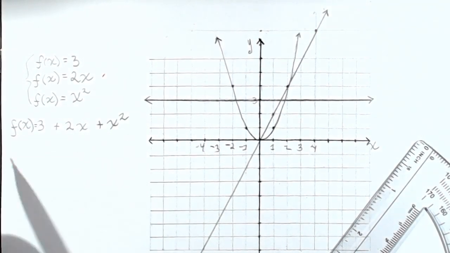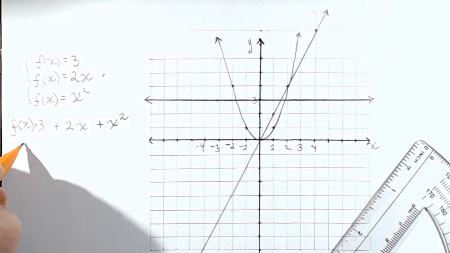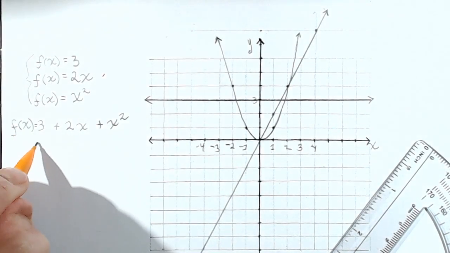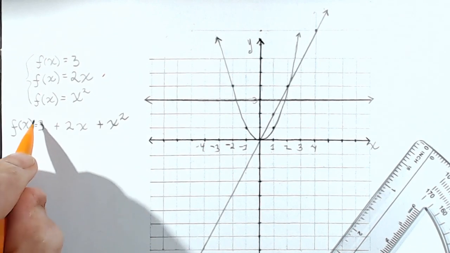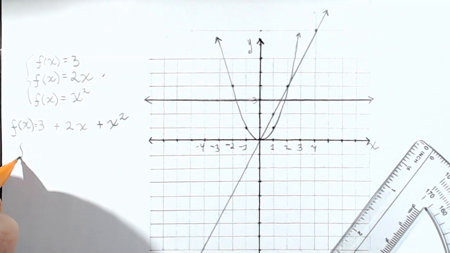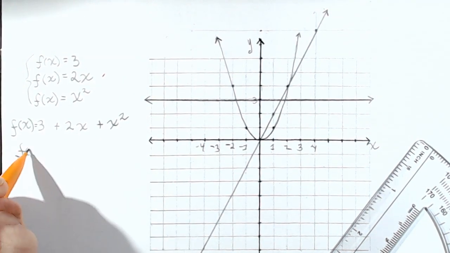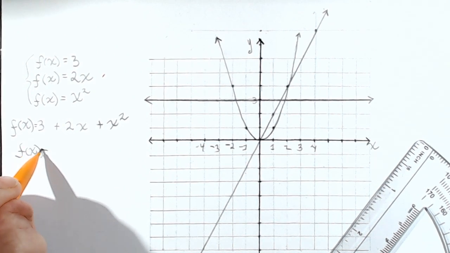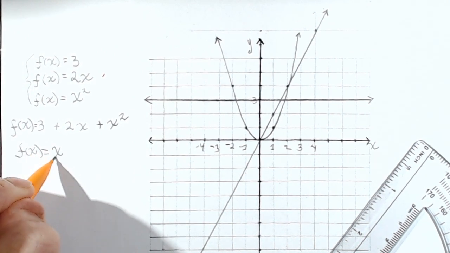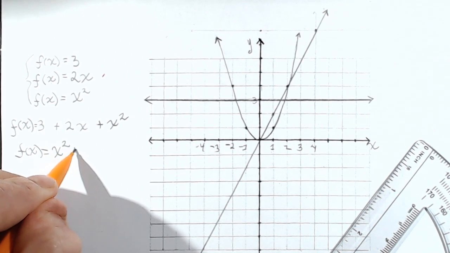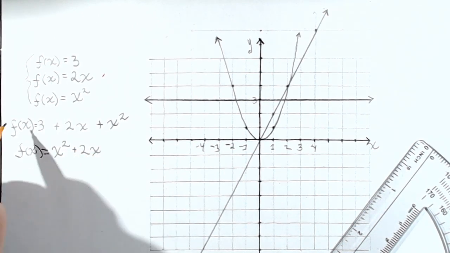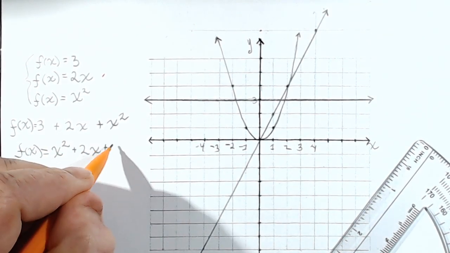But this isn't the form they want us to write it in. They want us to write it in this other form where the x squared comes first, then the 2x, and then the 3. So let's just rewrite that using this standard form, which puts the highest exponent term up front, and then the second highest term, and then the term with no x at all, 3.